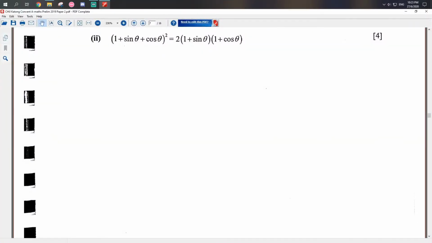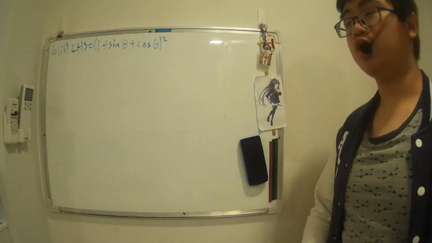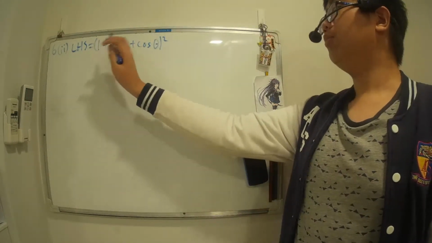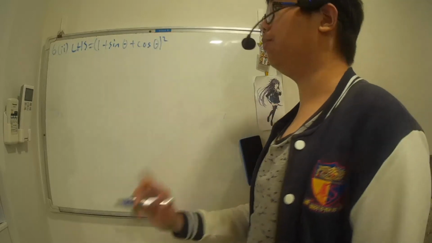Part 2, prove that (1 plus sine theta plus cosine theta) whole thing squared equals 2 times (1 plus sine theta) times (1 plus cosine theta). Alright, so this is our LHS. This is a bit tricky because of the three terms. So what I'm going to do is let 1 plus sine theta be a single term at first.